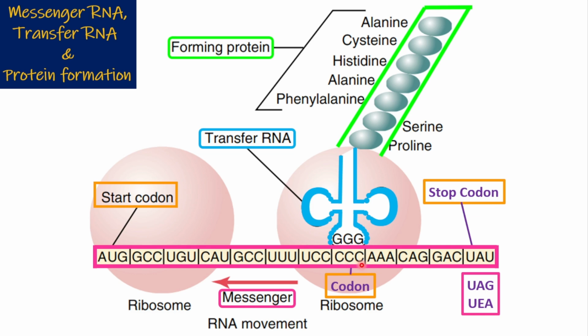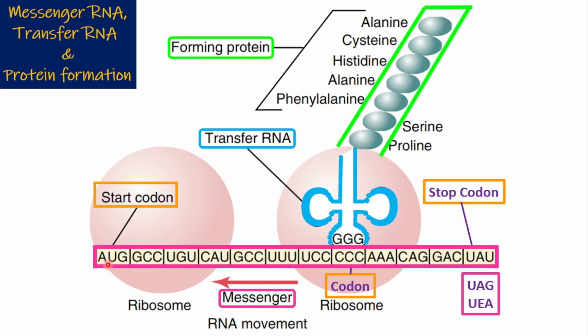The sequence of this codon is CCC, which means all three are cytosine. Now, as you know, cytosine always forms a bond with guanine. So if a transfer RNA has three consecutive guanines in the middle of its chain, that will attach to this part. For instance, which transfer RNA will attach to the first codon, AUG, the start codon, from where the translation is going to start?